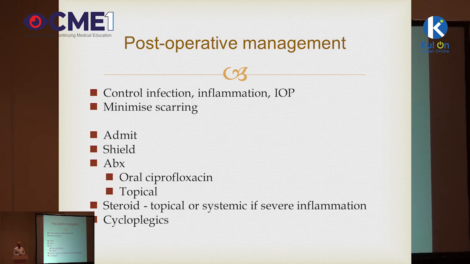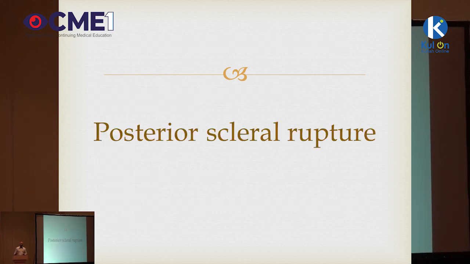I always cycloplege them with atropine or homatropine or cyclopentolate, and I usually cover them for 2 weeks with systemic antibiotics, ciprofloxacin being the most common antibiotic that we use. I don't typically give them systemic steroids unless it's a very bad rupture and there's a choroidal detachment as well.